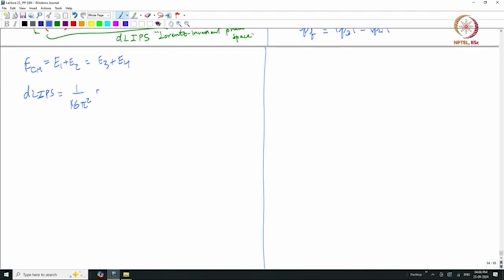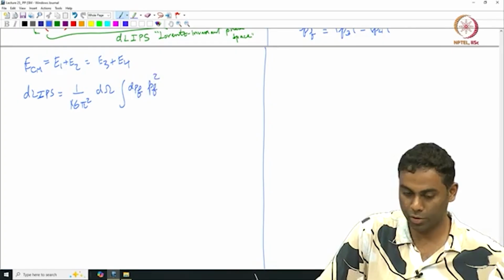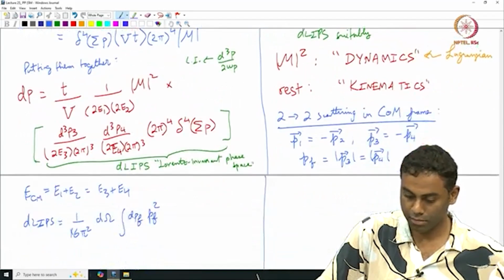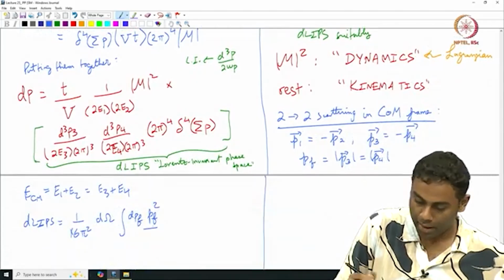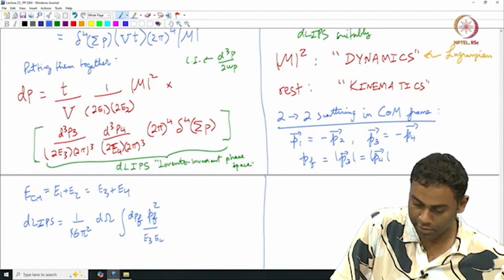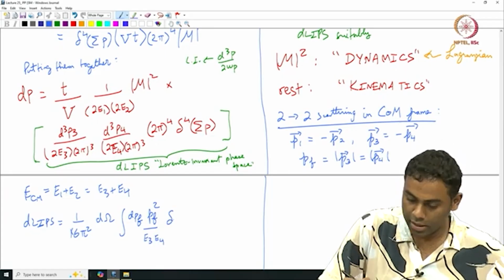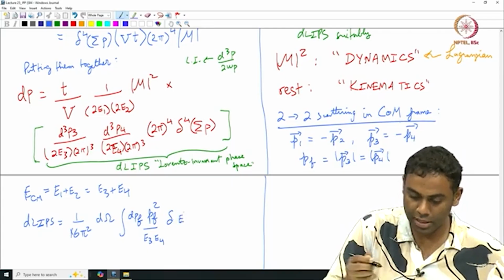On top of that, I can pull out an angular integral, and I am left with the integration over 1 momentum out here, okay. And then I still have the E3, E4 in the denominator. What I have done is integrated over this. So there is a P3 and a P4, right.